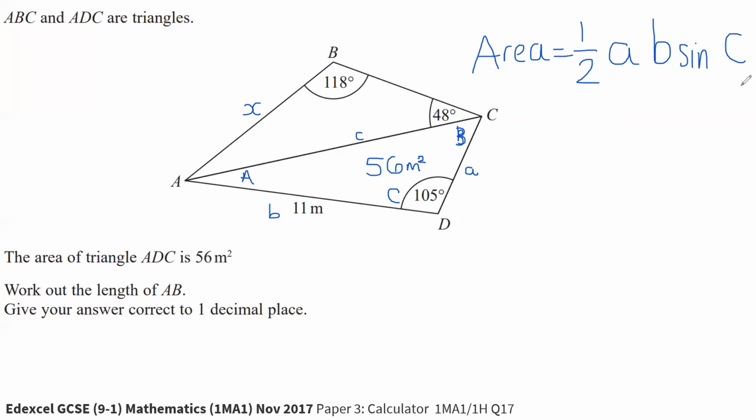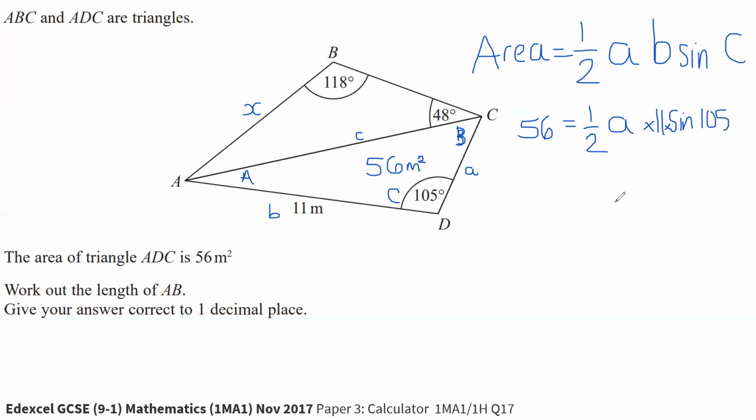So if we go through it, we're obviously going to have to rearrange it, but we can do that later on. So we've got 56 meters squared for the area. Then keep the half. We're trying to work out what A is, so we can leave A as it is for now. We've got B is 11, and then we'll do sine of 105 times that.